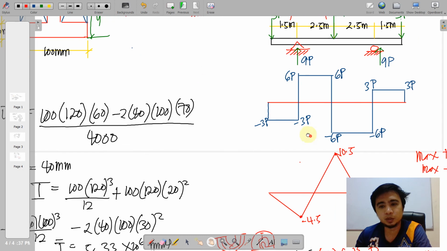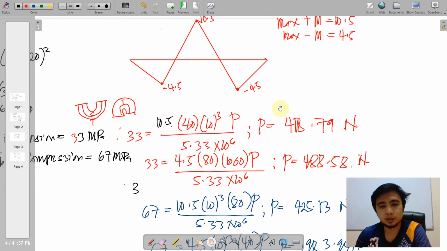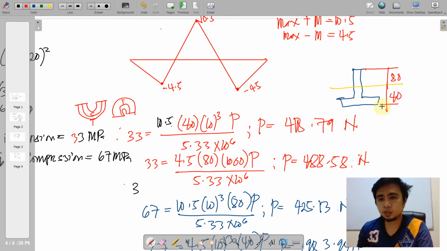So we note those distances. Okay. So we have 40 on the bottom and 80 on top. So if we have a positive one, where is the tensile? It is at the bottom.